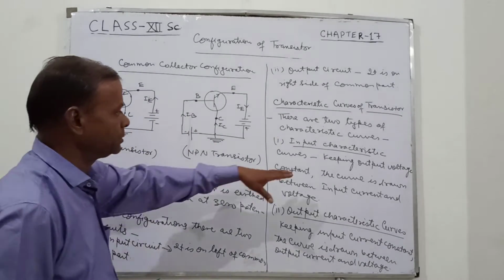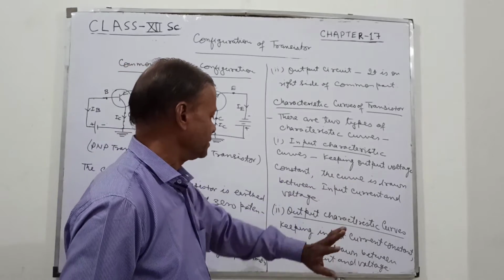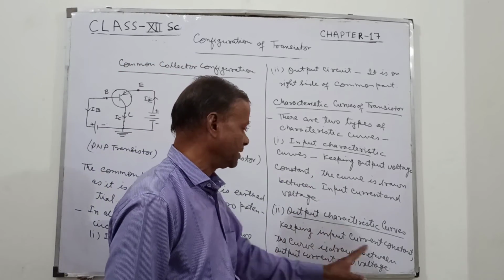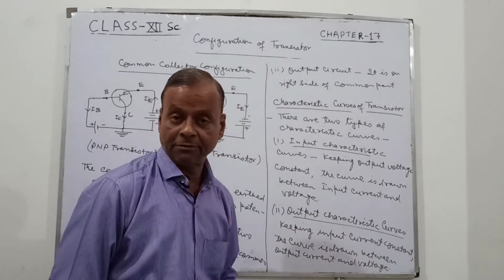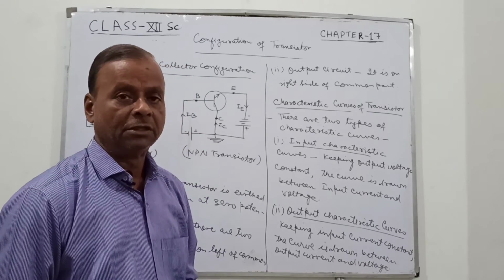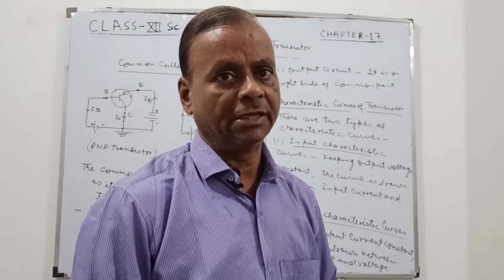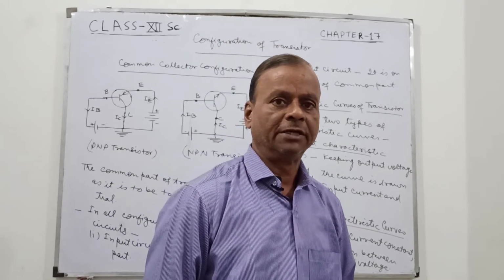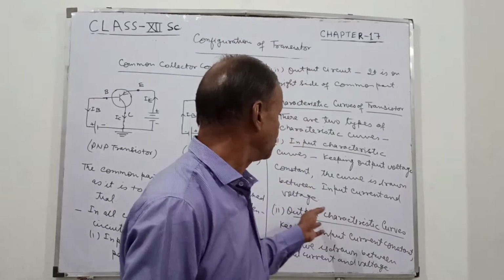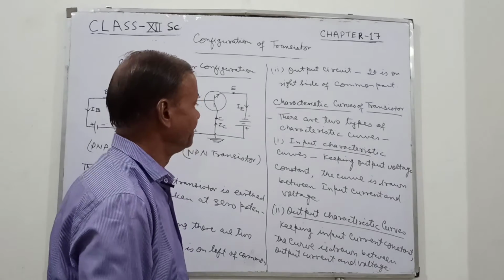So for input, the output voltage is kept constant, and for output, the input current is kept constant, and then the curve is drawn between the input current and voltage and output current and voltage. So thus we get two kinds of the characteristic curves.